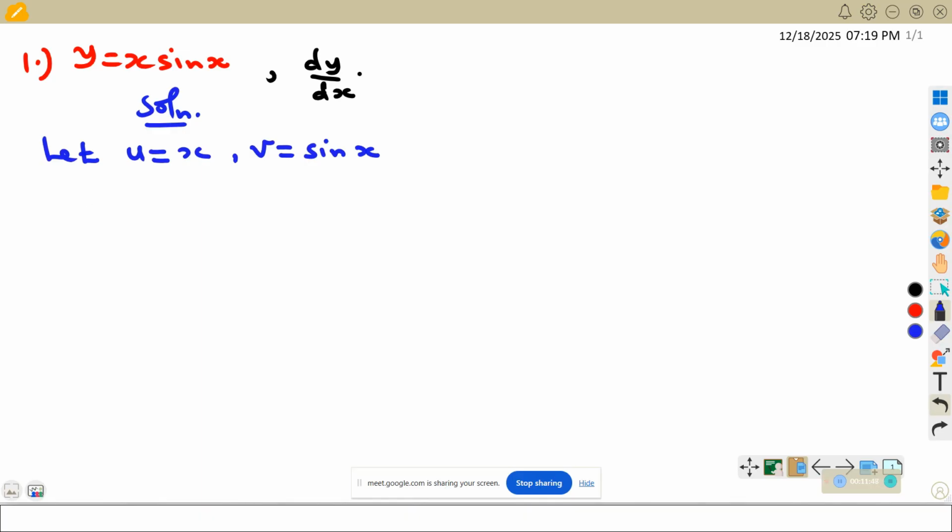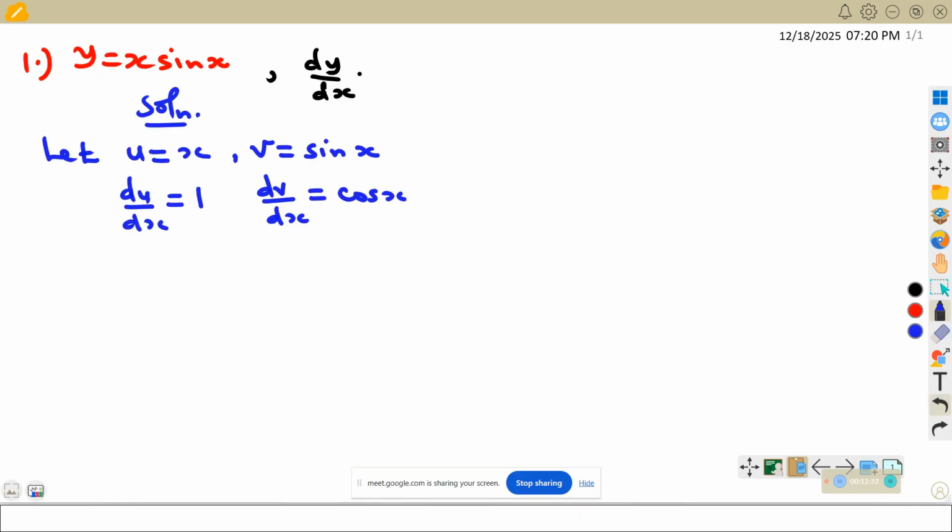When we differentiate u with respect to x, we get 1. When we differentiate v, we get cos of x. So when you differentiate sine of x, you get cos of x.